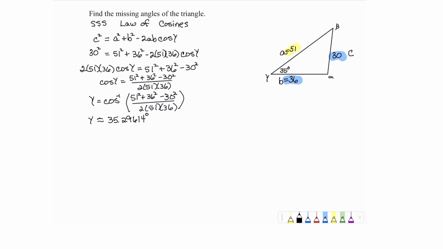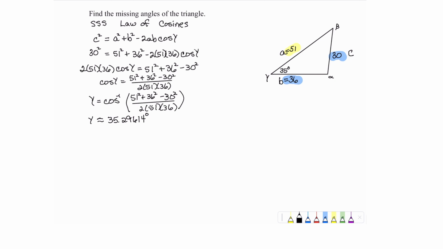Now from here, we could actually use the law of cosines to do that same process again. But if we want to use the law of sines, as long as we go for the smaller of the two angles that are left first, then we will be able to solve our triangle. So how do I know which one's the smaller of the two angles? Well, the smaller of the two angles is across from the smaller side.